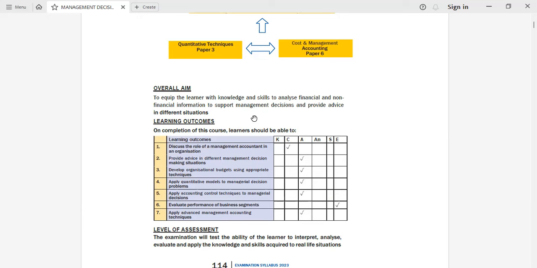You see the things we are going to be covering. You see the aim for including that paper in that course. You see even what they expect you to be having before you sit the paper. Then at the end of the day, they give you how they assess how you have learned the courses that are included there.